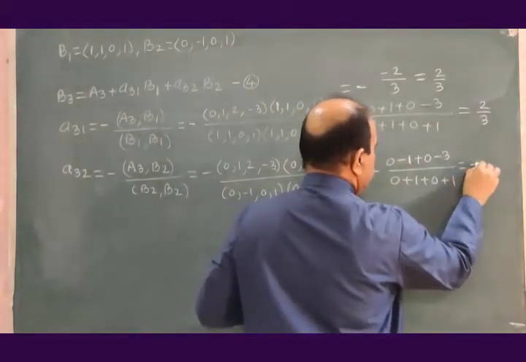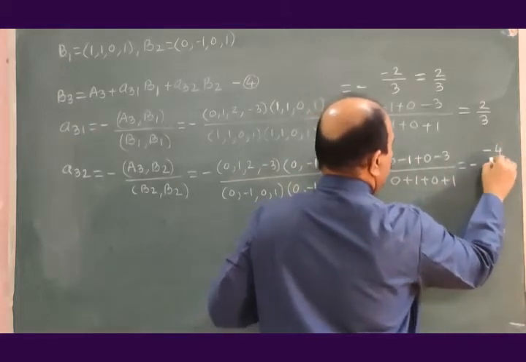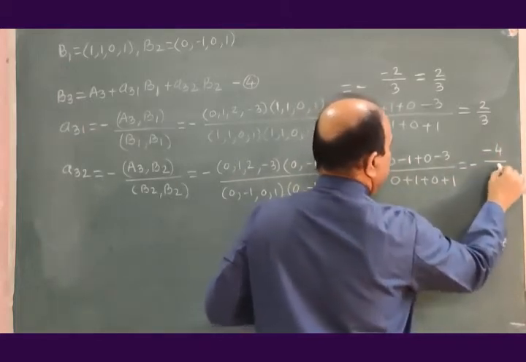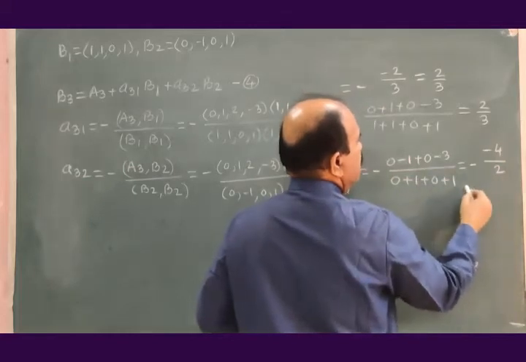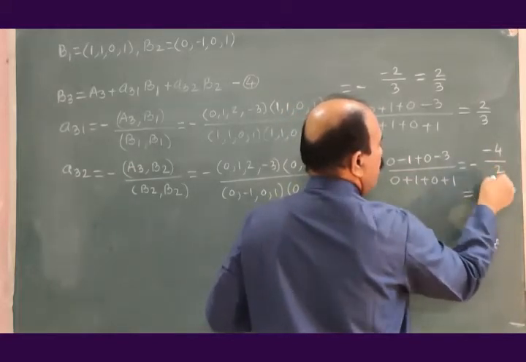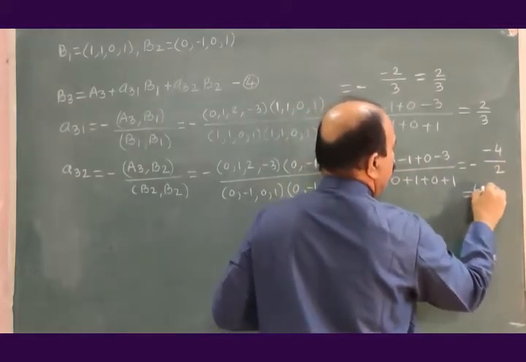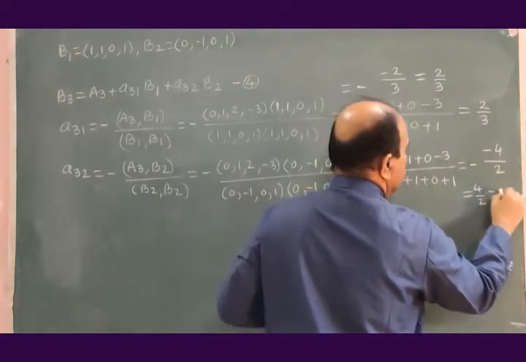So with minus 4 divided by 2, minus minus will be plus, plus 4 divided by 2, that is simply 2.